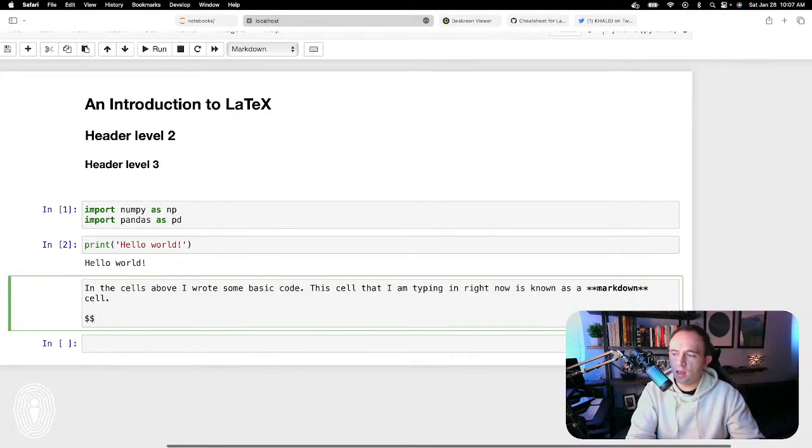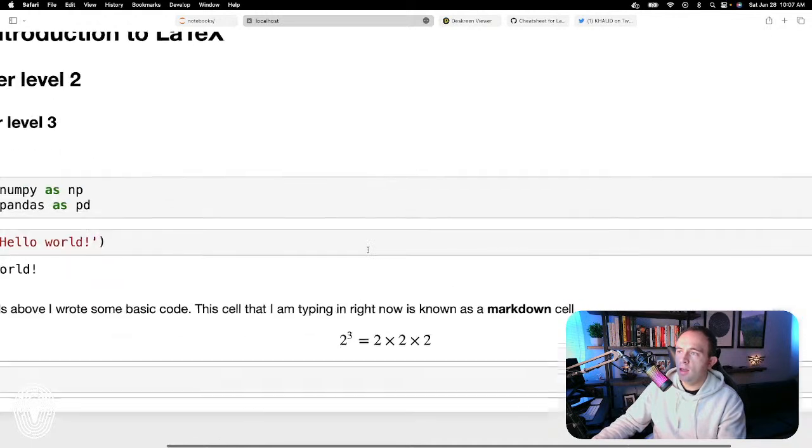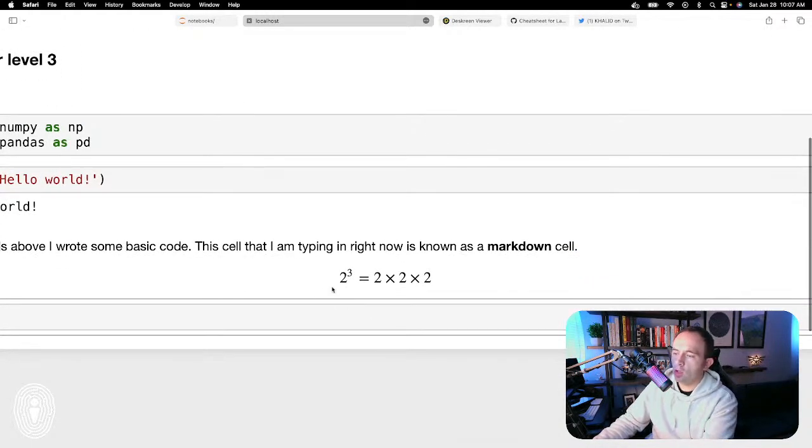So let's say I wanted to do 2 to the 3rd power, because I don't want to type too much right now. So 2 to the 3rd power equals 2 times 2 times 2 times 2, and then I close it with dollar signs. Now you can see that it made it look like I were to write it on a chalkboard here.